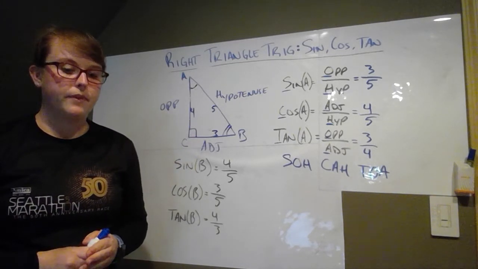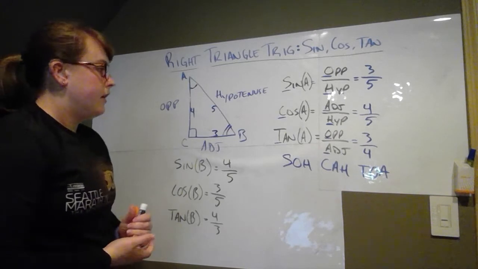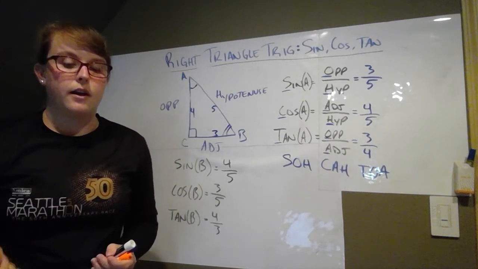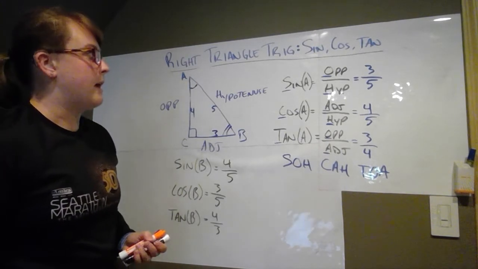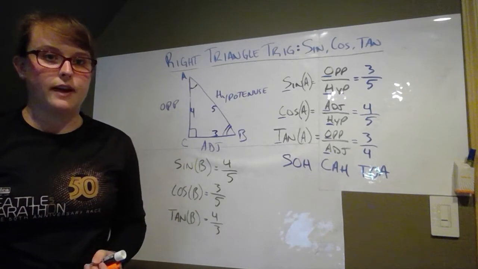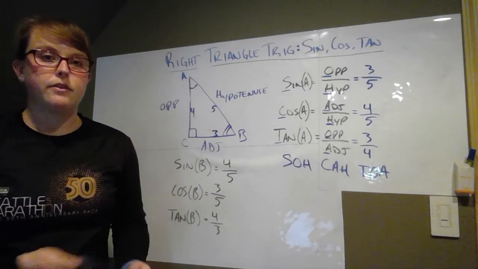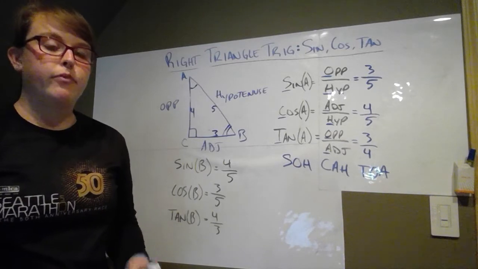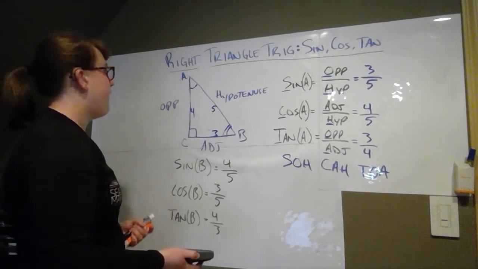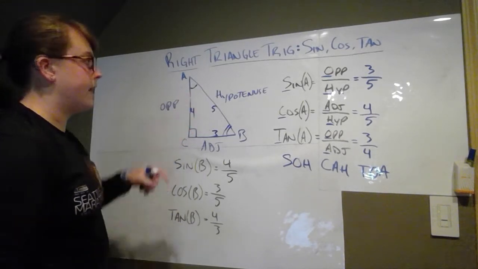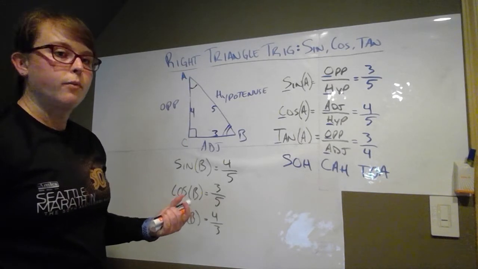So that's how we would use the three sides to find sine, cosine, and tangent of an angle in a right triangle. Okay, so another thing that we can do with right triangle trigonometry is that we can use those buttons in our calculator to find sine, cosine, and tangent of an angle if we know what angle we're dealing with. So these are all things that we would do in a case where we don't know what the angle measure is.